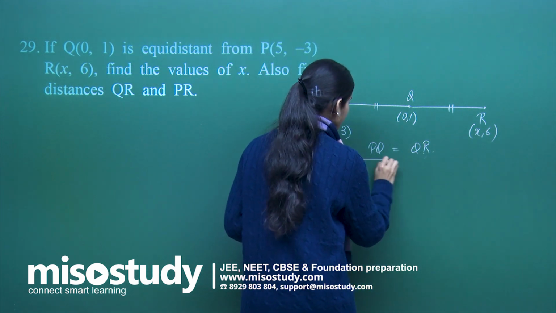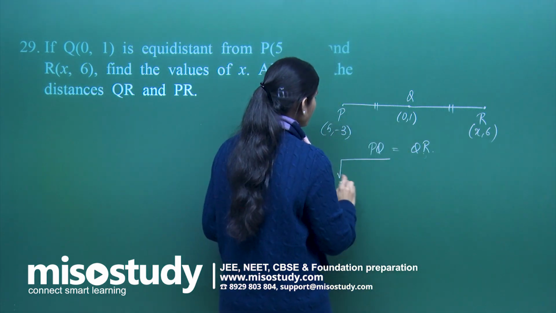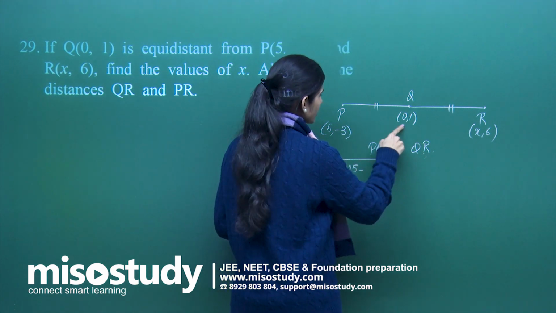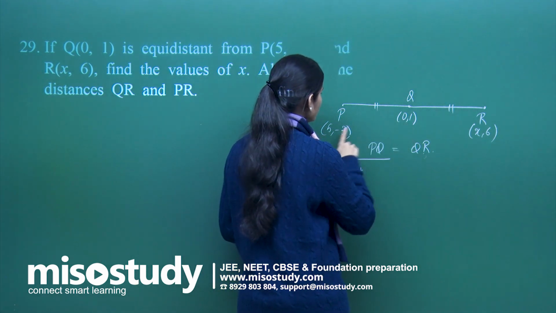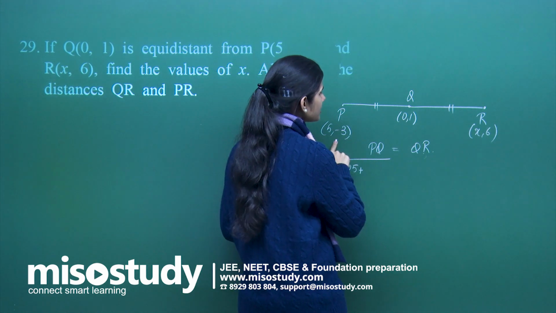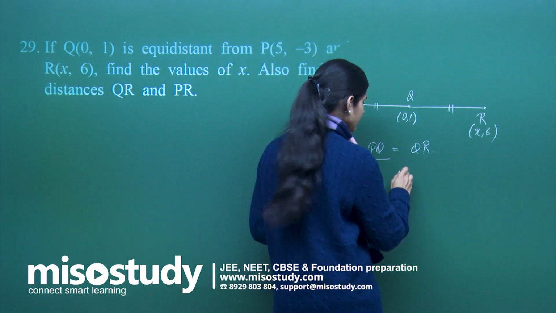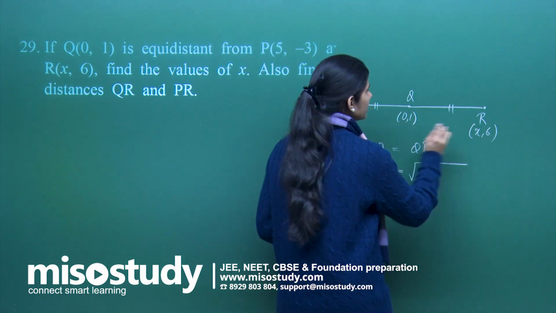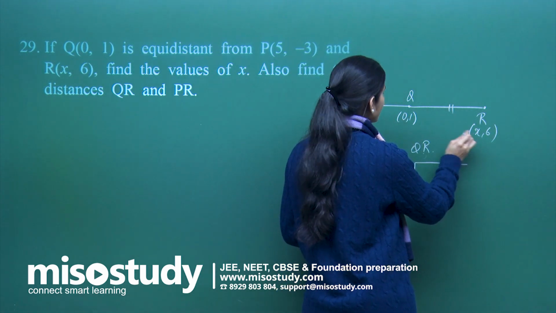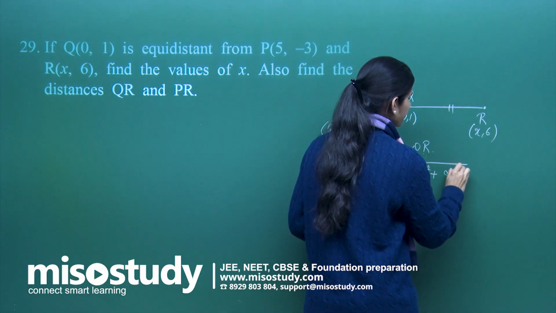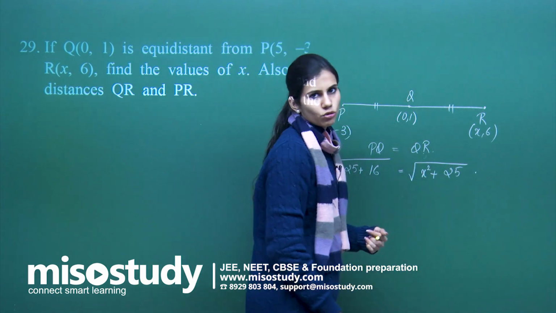That means you use the distance formula, 0 minus 5 whole square, that means 25, plus y2 minus y1, 1 minus minus 3, that means 1 plus 3, that is 4 whole square, which is 16, is equal to root over the distance between Q and R, which is x minus 0 whole square plus 6 minus 1 whole square.